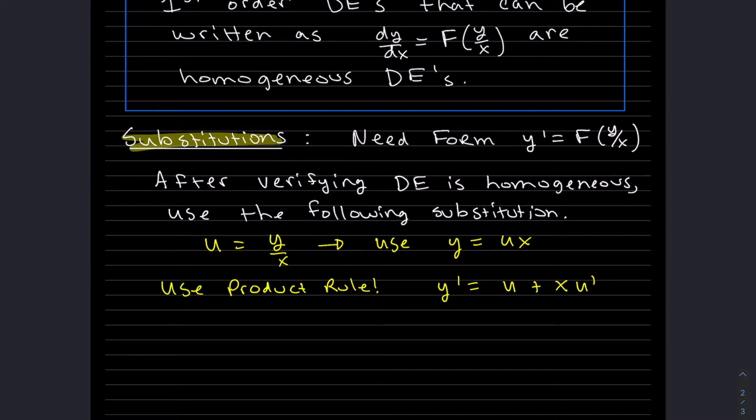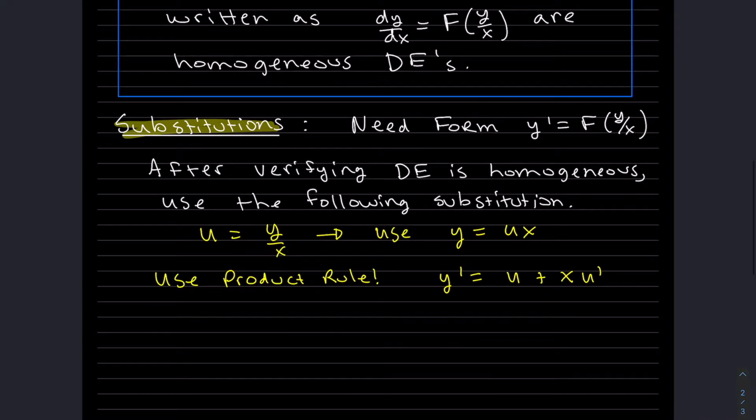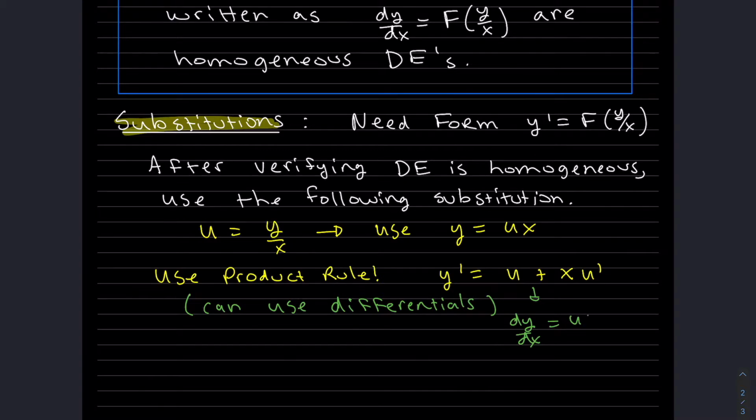I just want to mention at this point that we can use differentials, and that's going to be my second method that I'm going to show you. This is going to actually be my preferred method. I think it's easier, but going through the first method helps. If we're going to use differentials, this would become dy/dx is equal to u plus x du/dx.